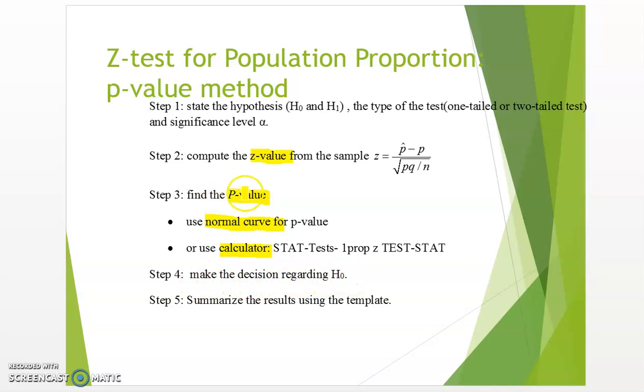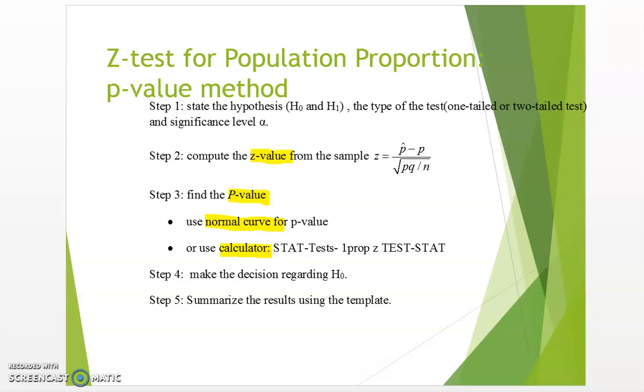Just compare the p-value with alpha. If p is low, null must go. If p is high, null will fly. Step 5, summarize the results using the template as established in section 8.1. So these 5 steps are the same as we did previously. The only things different are that the test stat is different, and the hypotheses will be different, right? Because it's about p, the population proportion.